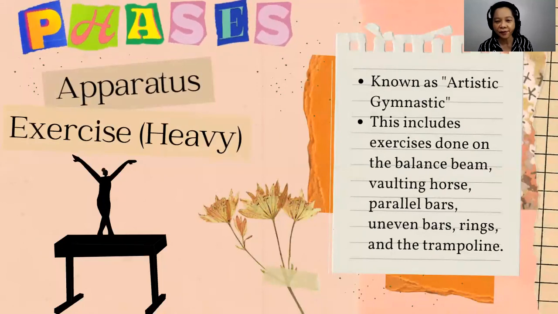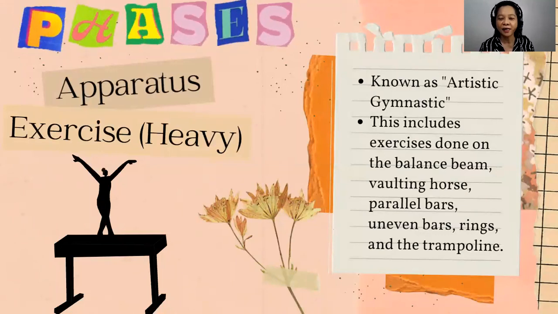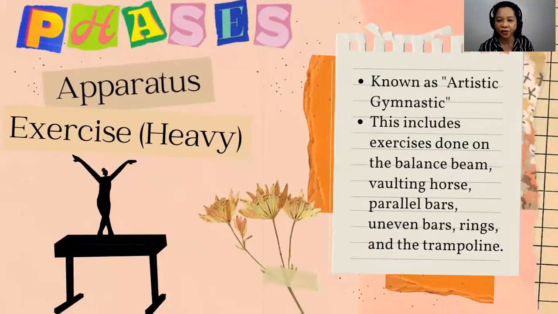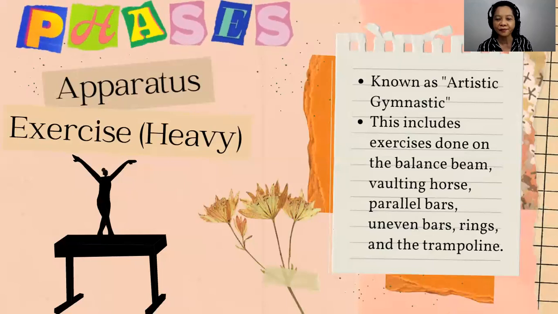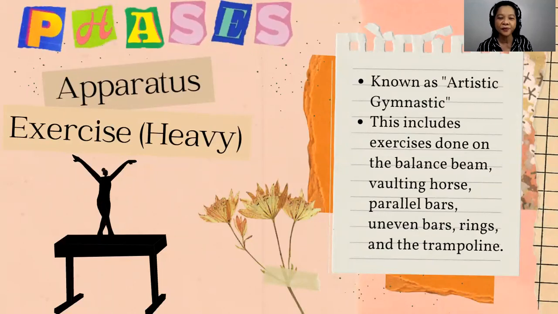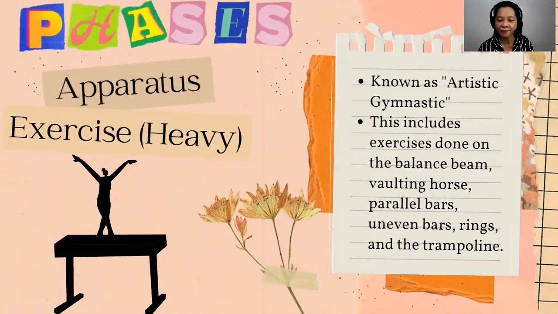On top of the balance beam, they perform the skills that they know, like the forward roll, the backward roll, the split, and all the stunts and tumbling that they can do on top of the balance beam. Another apparatus is the vaulting horse.